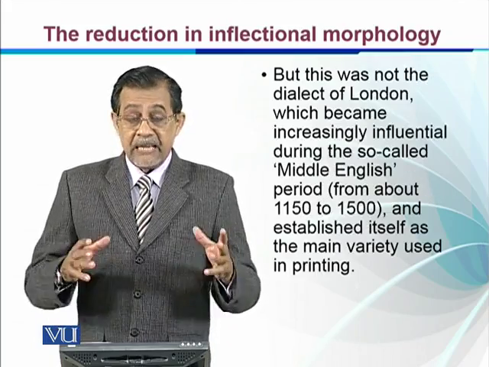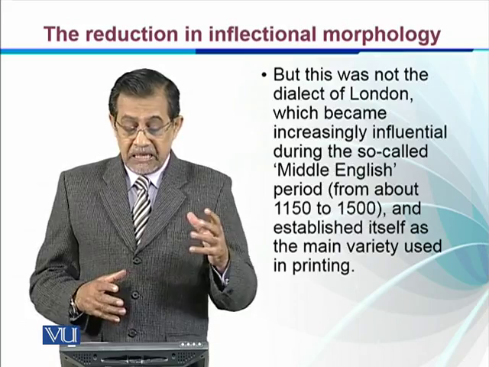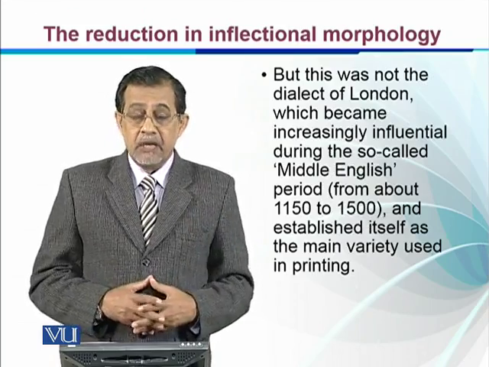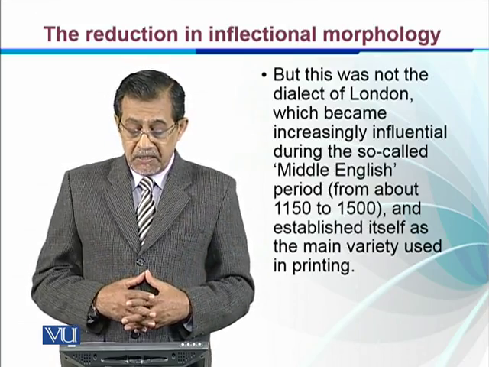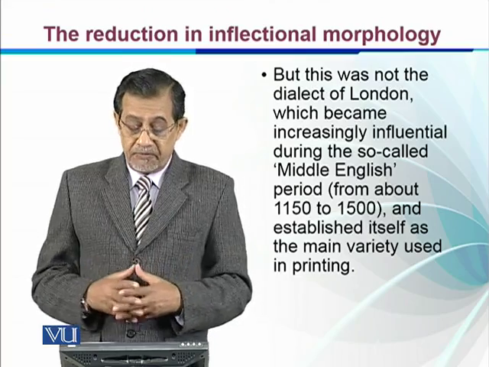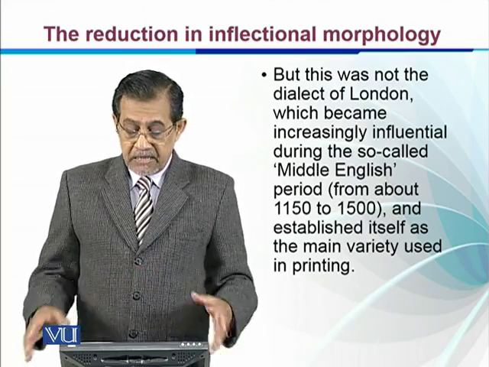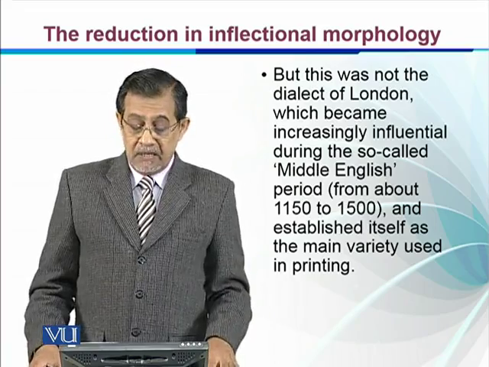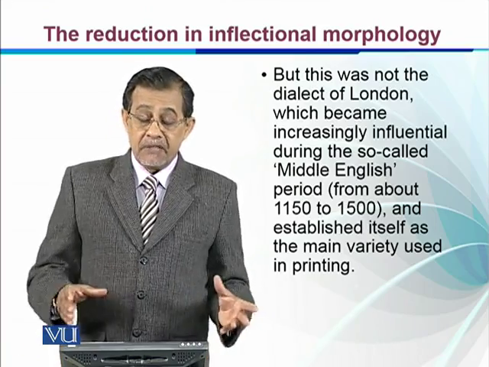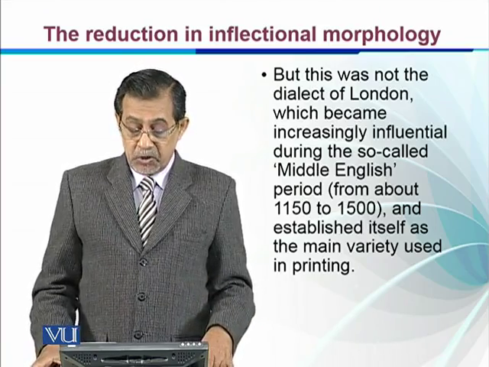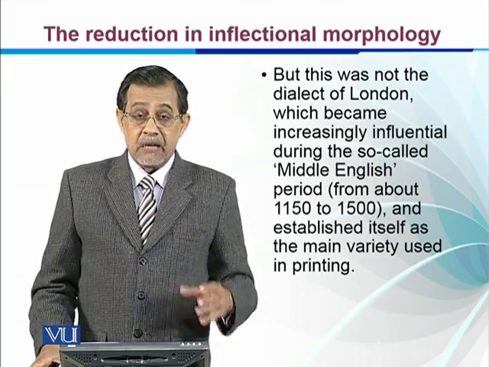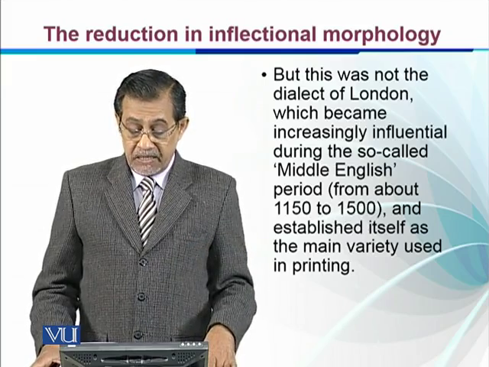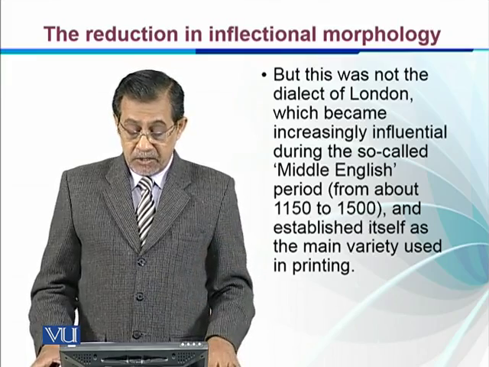But this was not the dialect of London, which became increasingly influential during the so-called Middle English period, 1150 to 1500, and established itself as the main variety used in printing after the invention of the printing machine. The dialect of London became the main dialect of the English language, or Standard English.